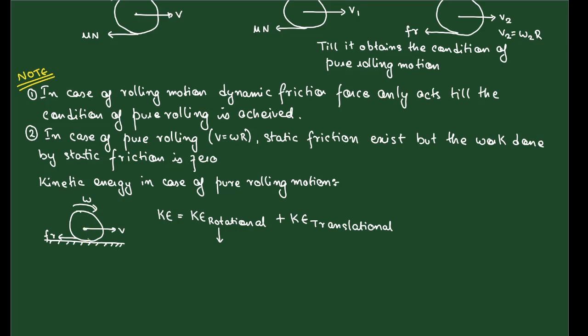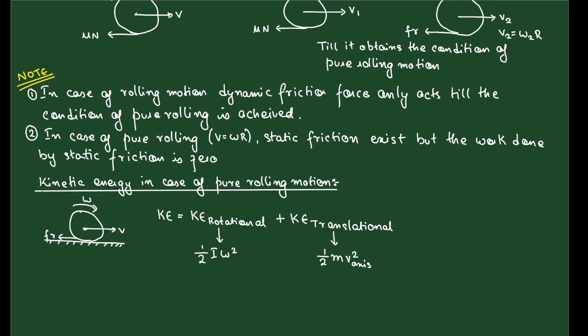But whatever axis you take, rotational kinetic energy is nothing but half moment of inertia through the axis that you have taken into omega square, so half I omega square. And translational kinetic energy is half m v square, where v is the translational velocity of the axis of rotation that we have taken. Understood?